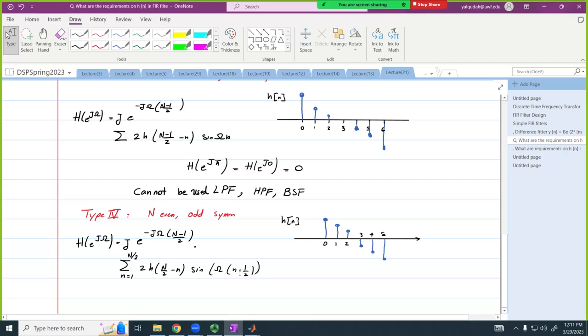And if you look here, H(e^j0) is going to equal 0, and therefore we can't use it for low pass filter. Okay.